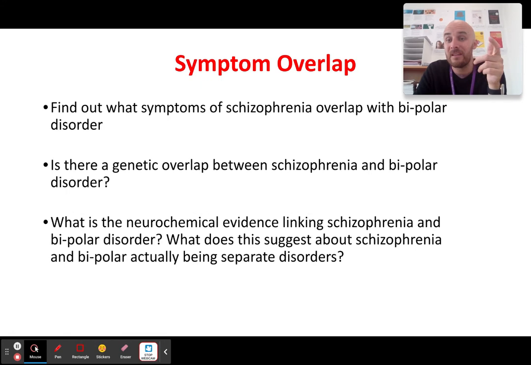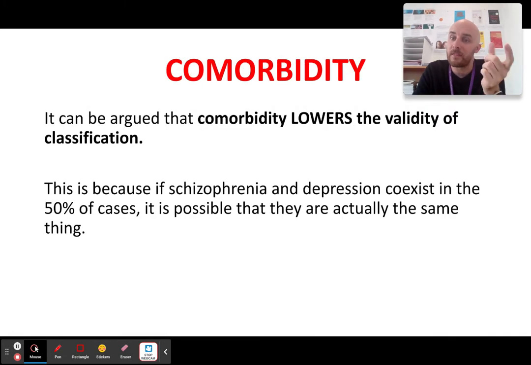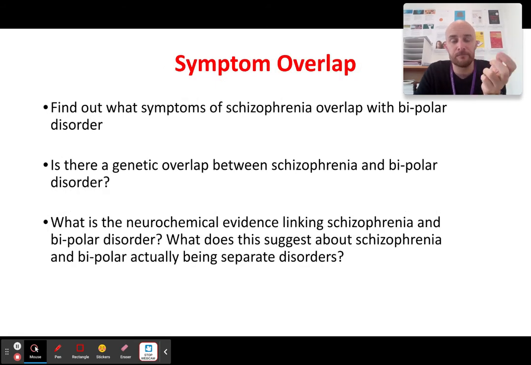Now, the other thing you need to know is also symptom overlap. Now, I find this ironic that students get comorbidity and symptom overlap confused. They are quite different. Symptom overlap is a bit more on the name. Are there symptoms that overlap between the disorders, so they appear in both disorders? Do you think hallucination is just a schizophrenic disorder, like a symptom?